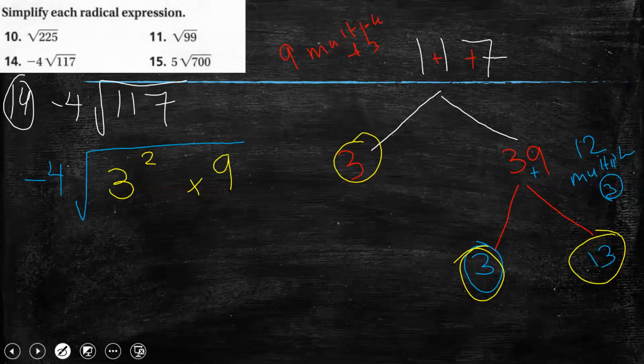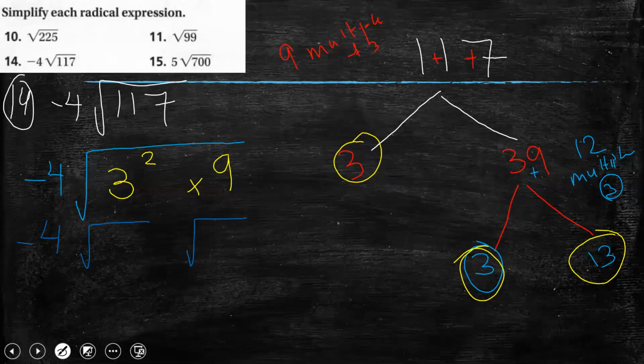Then I will distribute the square root as we said yesterday. Square root here and another square root here. Then I will write the 3 squared here, and sorry, not the 9, the 11 here. By mistake I wrote it. Here we have 13. I will write it here and here also.